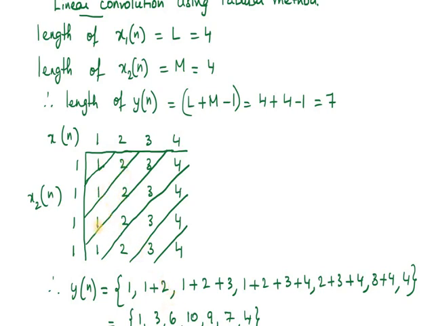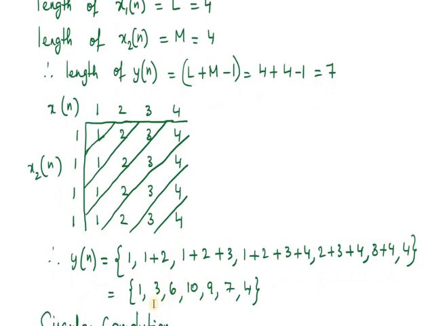In the third one we have 1 plus 2 plus 3, next 1 plus 2 plus 3 plus 4, the next one 2 plus 3 plus 4, the next one 3 plus 4, and in the last we have 4. So here we get 1, 3, 6, 10, 9, 7 and 4. This is the result of performing linear convolution on these two sequences, x1 of n and x2 of n.